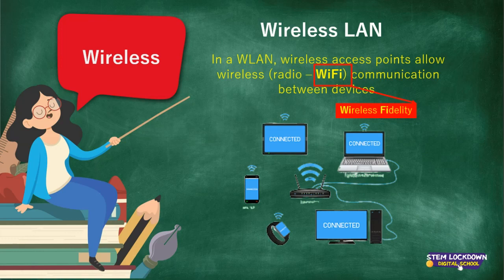So we have a wireless network that is depicted there in the picture, right? An access point in this case is a wireless router, right? The wireless router is the one that receives data from maybe a service provider, then it broadcasts, right? So it sends radio waves to the devices.